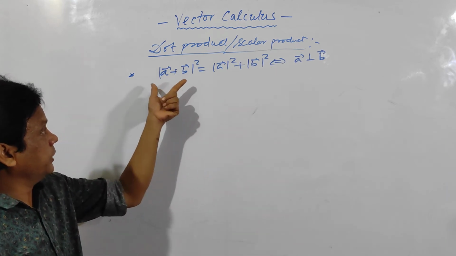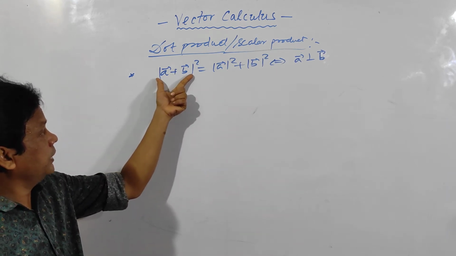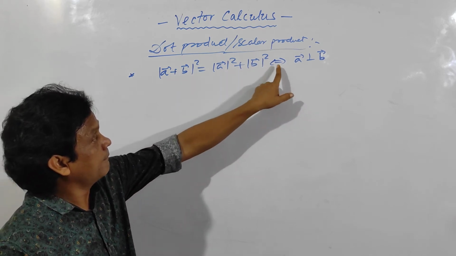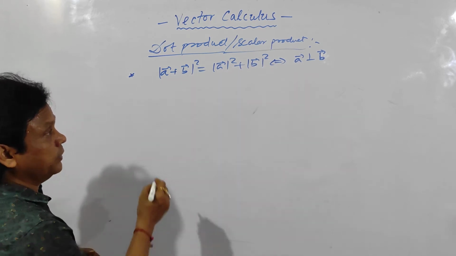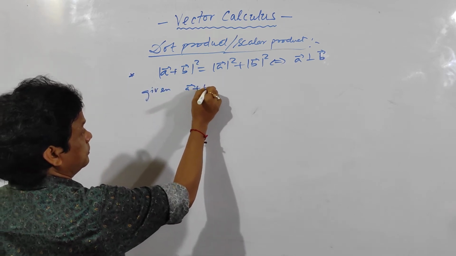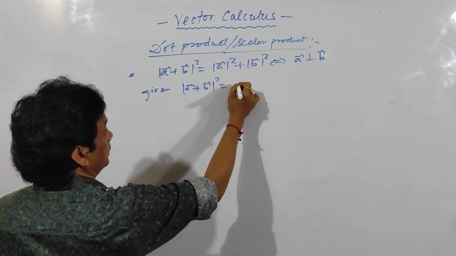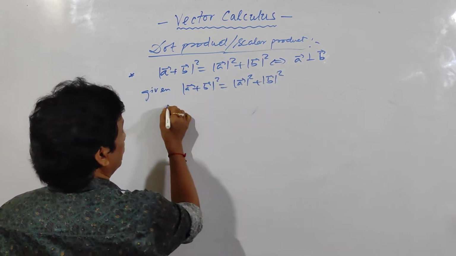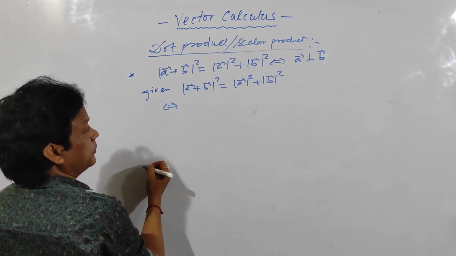See this another problem: |A + B|² is equal to |A|² + |B|² implied and implied by vector A is perpendicular to vector B. So given |A + B|² = |A|² + |B|², implied and implied by, apply the property 1.